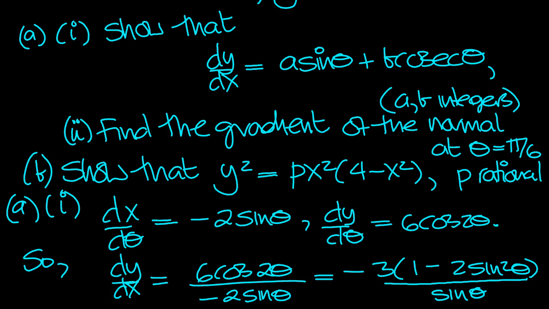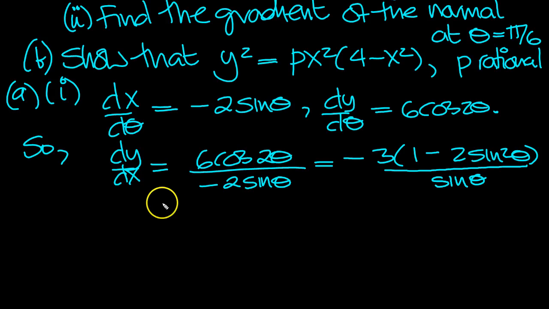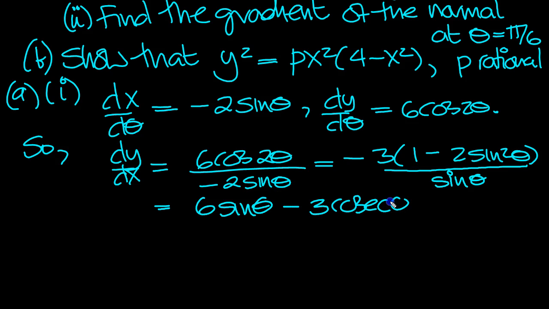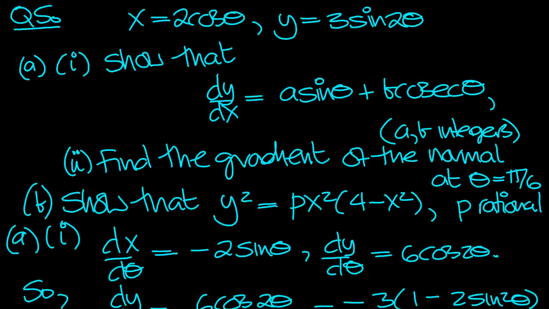Sine theta. So that's equal to, well, minus times minus is a plus, 6 sine theta. And then we've got minus 3 over sine theta, which is minus 3 cosec theta.